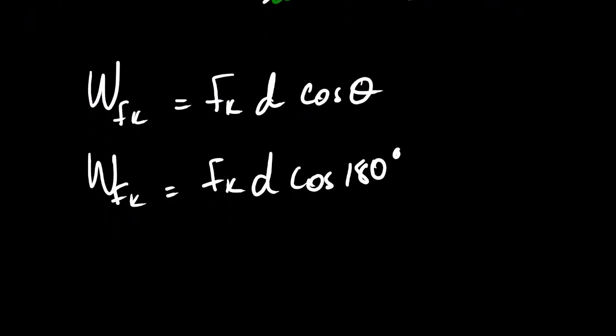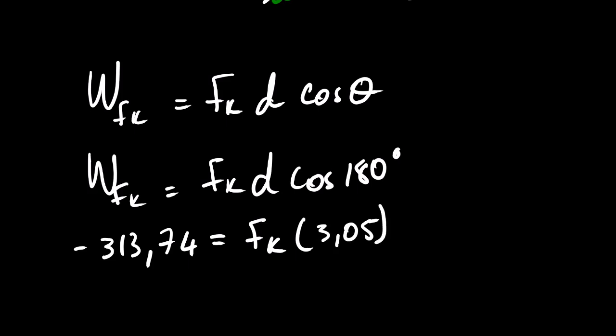Then from here we know the value of the work done by kinetic friction. It's negative 313.74. And the kinetic friction, we are looking for it. The displacement is 3.05, and cos 180 is negative 1.